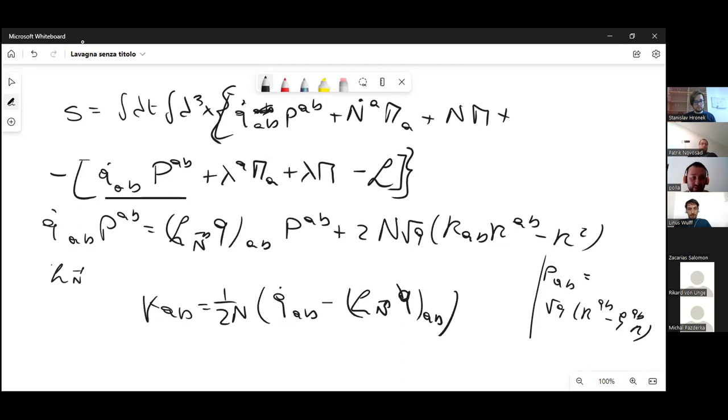So from this we have Q AB equals 2N K AB plus the derivative. And if we multiply by P AB, which is given by this, then we have all of this.